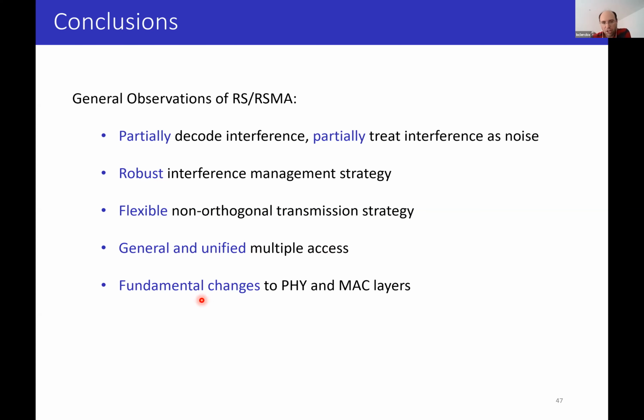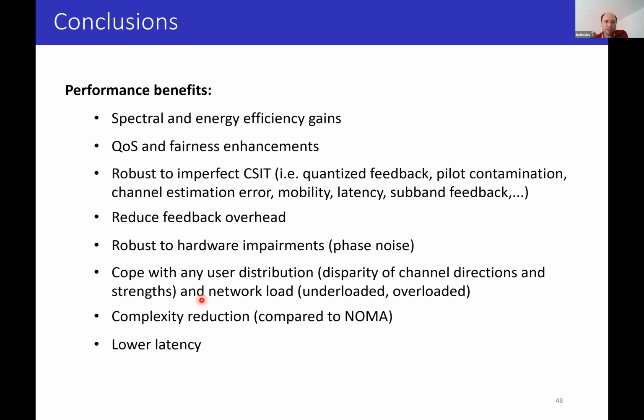And so that leads to some changes to the physical layer and the MAC, the medium access layer, because now you introduce common streams on top of the private streams. Right, in terms of benefits, what we have observed is spectral and energy efficiency gains, quality of service and fairness enhancement, and robustness to imperfect CSIT, which helps to reduce the feedback overhead.